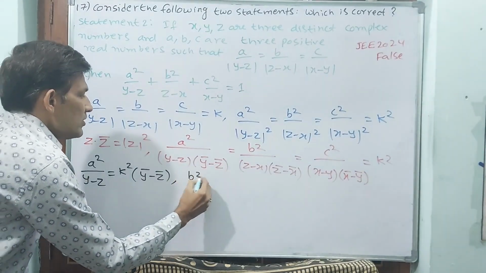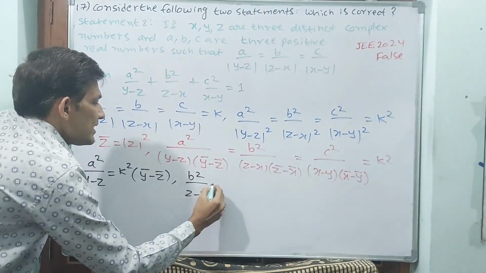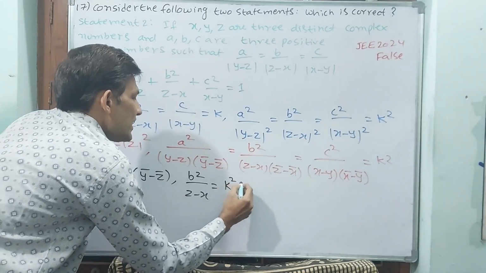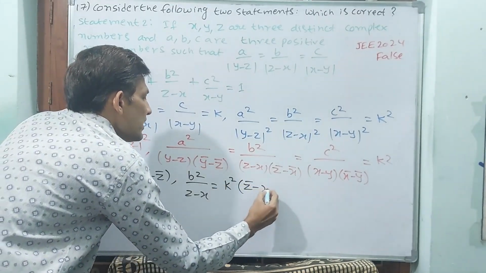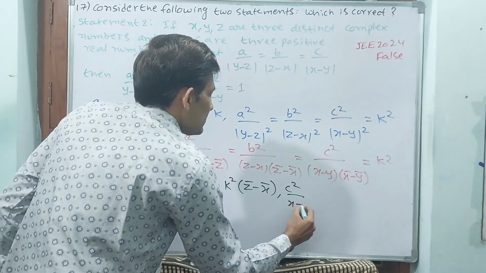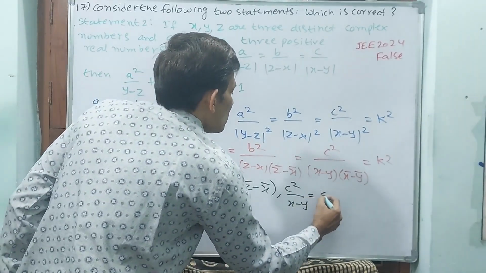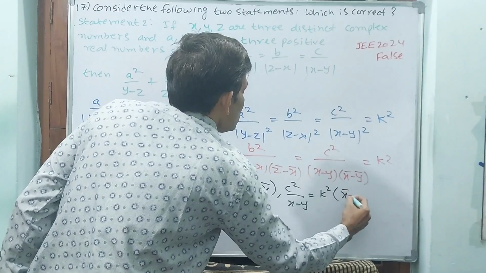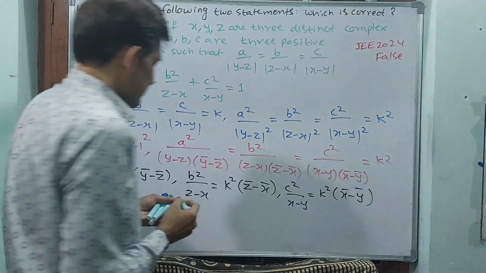Likewise, B square by z minus x is equal to k square into conjugate of z minus conjugate of x, and C square by x minus y is equal to k square into conjugate of x minus conjugate of y.